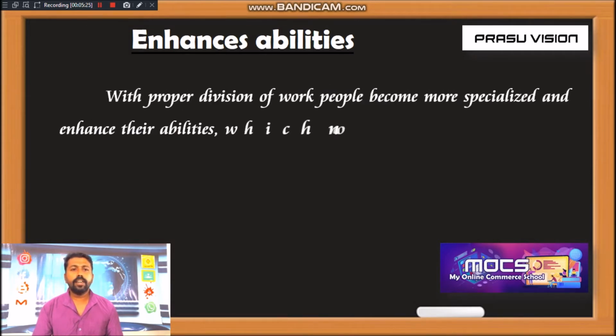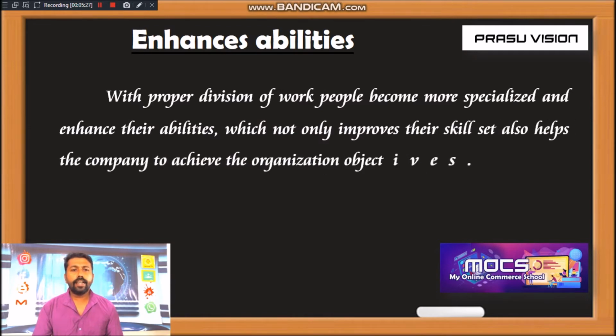You have to think how organizing enhances abilities and whose ability is enhanced or increased. With proper division of work, people become more specialized and enhance their abilities, which not only improves their skill, but also helps the company to achieve the organizational objectives.